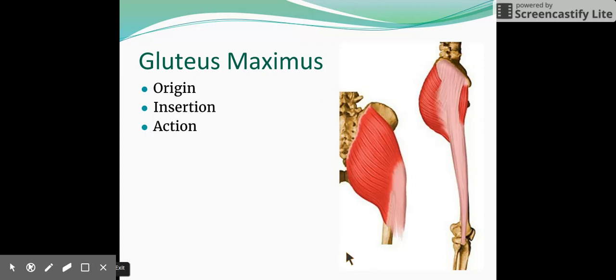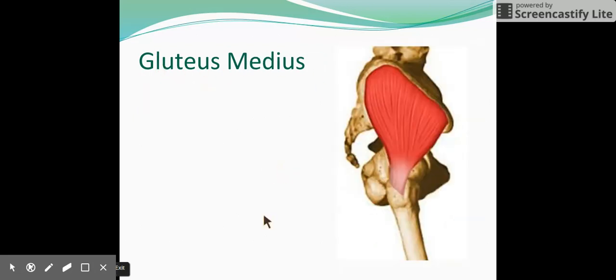There are two other muscles in the gluteus group that are sister muscles to gluteus maximus. You do not need to know the origin, insertion, or action for these muscles. I just want you to be aware of where they are. So this is a side view of the hip.